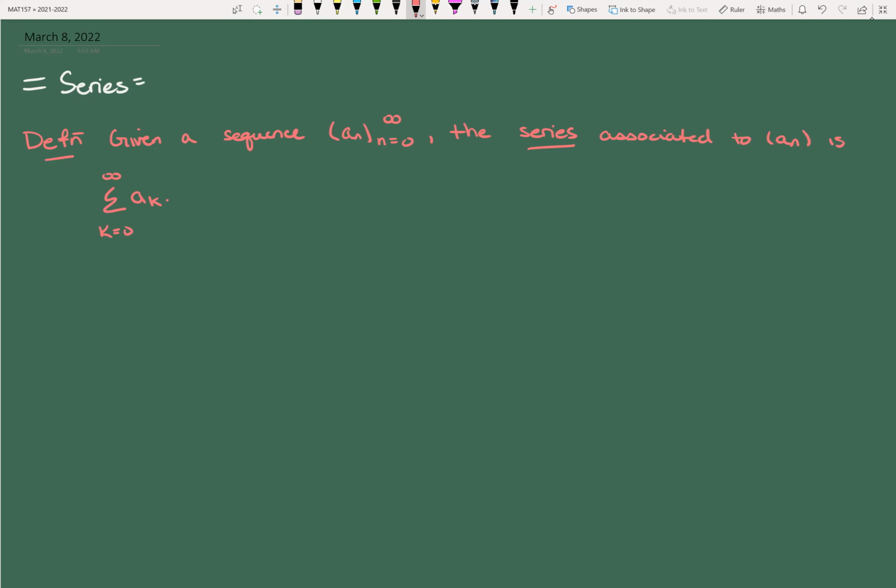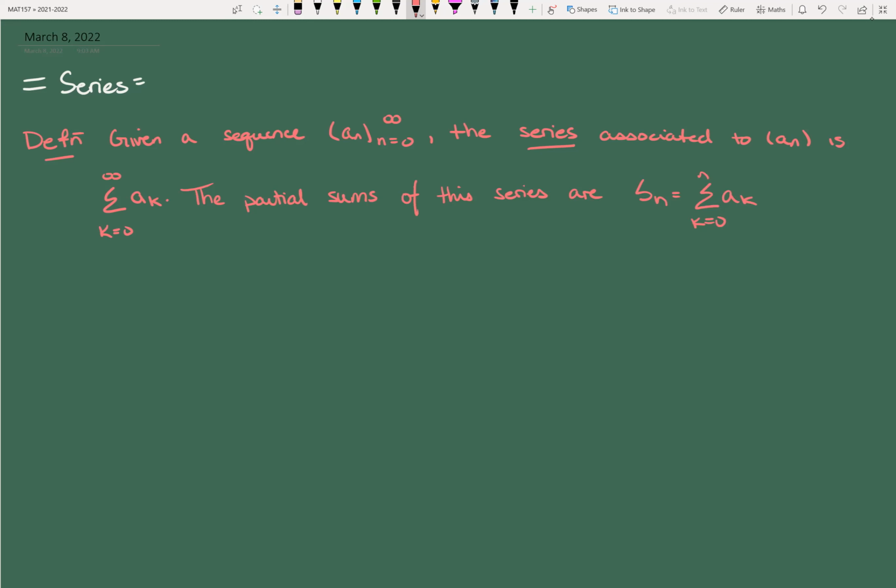I guess maybe I should define this thing first. So we're going to define the partial sums of the series. The partial sums of this series are S_n, the sum from k equals 0 to n of a_k. Okay, so that's totally a thing. We know how that works.